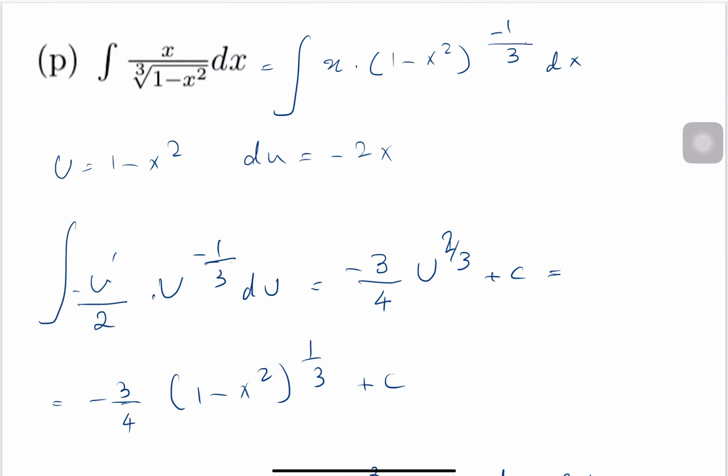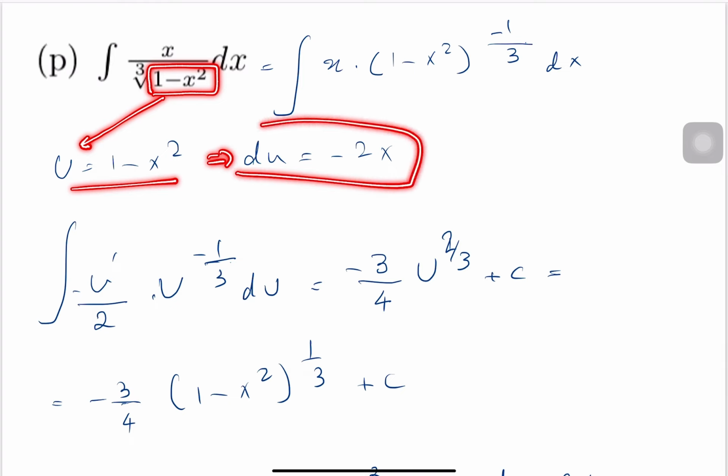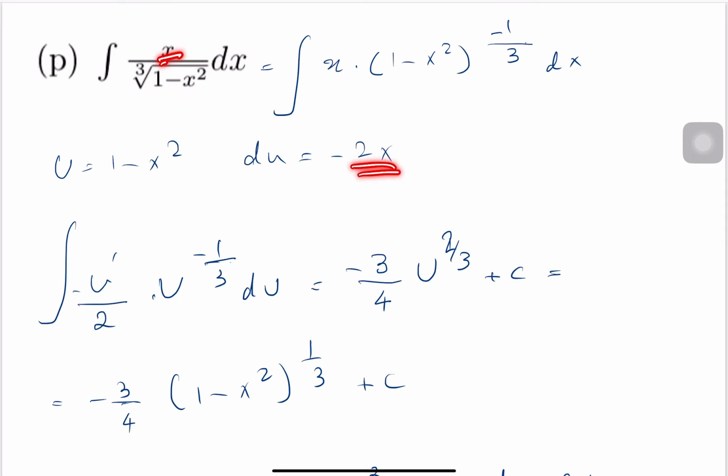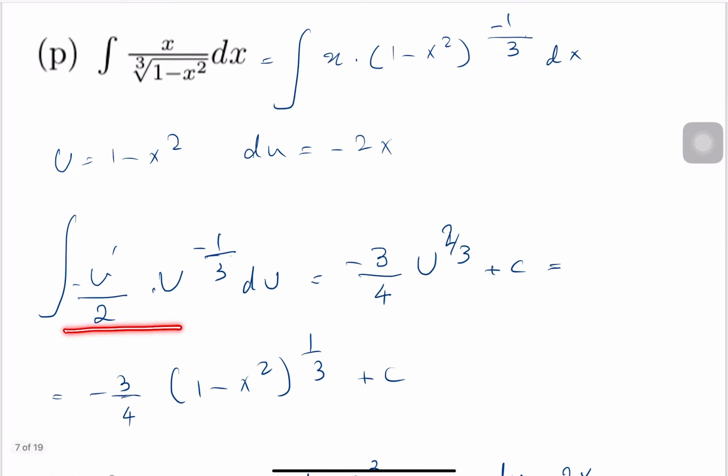Okay, as you see here again, first I put 1 minus x squared as u, the derivative will be du equal minus 2x. Okay, but here I have a minus 2x, here is the x derivative. Then I can put, instead of x, u prime per 2, you see, and I converted the radical to a power, it will be minus 1 per 3.